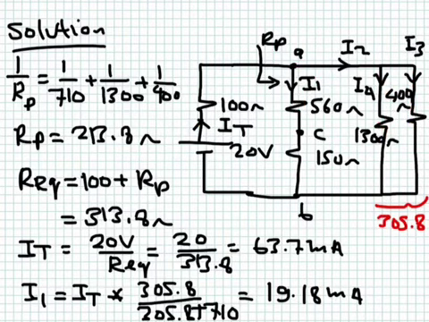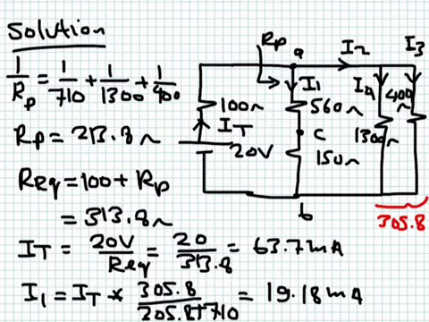I can use the expression for parallel resistances, that 1 over R parallel would be equal to 1 over 710 plus 1 over 1300 plus 1 over 400. You invert these quantities, sum them, and take the inverse, and you end up with 213.8 ohm.